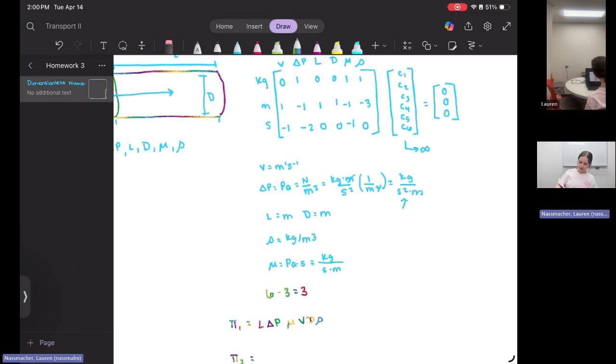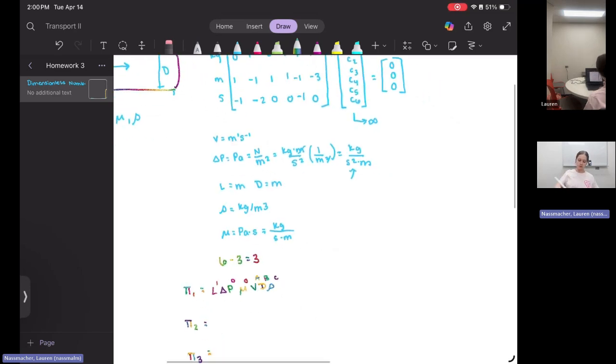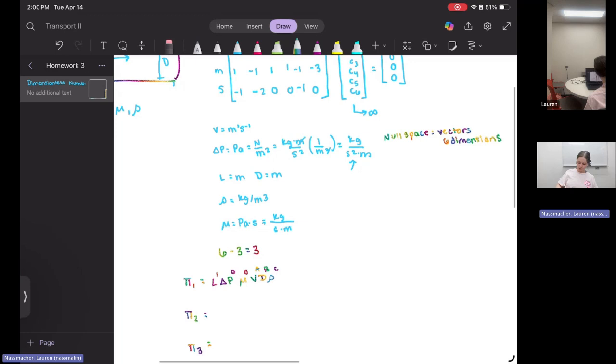Let's put length to the power of 1, pressure and viscosity to 0, and the rest of the variables will get random letters, that we will find using the null space. Should also mention that null space is a vector, or vectors, 6 dimensions of them. Good thing to know. So let's continue.